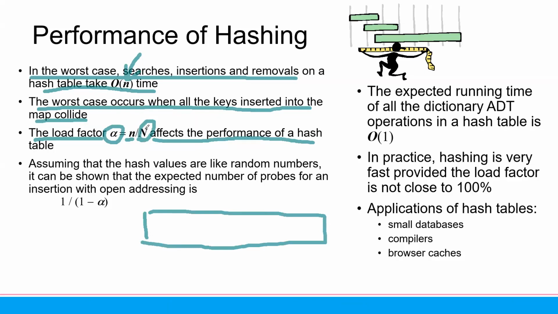Big N is the array size. We usually use mod big N, and small n is the number of data that we use. So alpha is small n divided by big N.